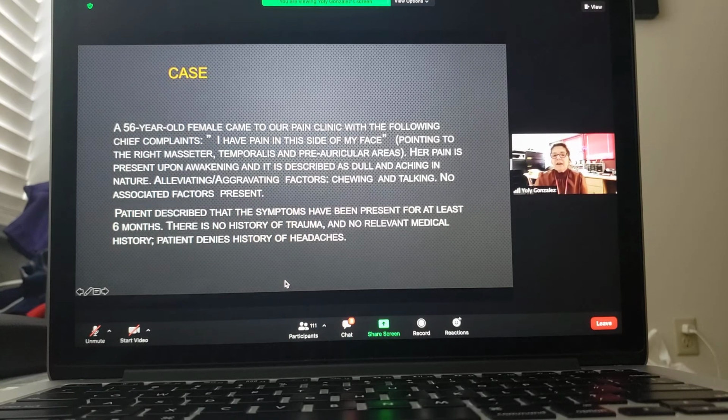No associated factors present, meaning this patient doesn't have phonophobia, photophobia, vomiting, fever, or anything else. Patient described that the symptoms have been present for at least 6 months. There is no history of trauma and no relevant medical history. Patient denies history of headaches.